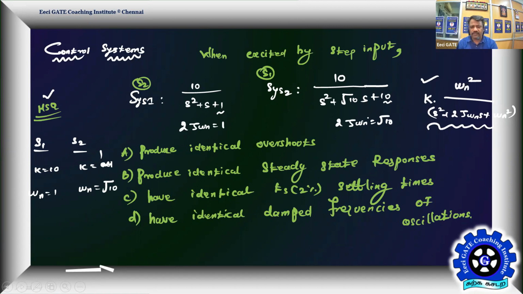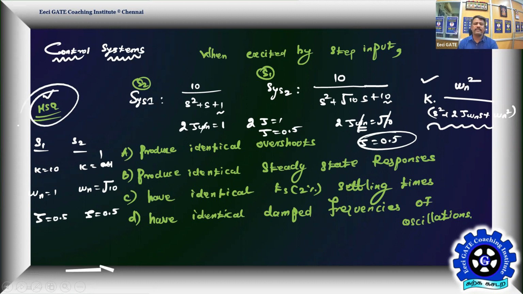Since omega n is root 10, these will get cancelled, therefore zeta is equal to 0.5. It's an underdamped system. And here omega n is equal to 1, so 2 zeta equals 1, so zeta equals 0.5 here also. That means the two systems are identical with respect to damping.